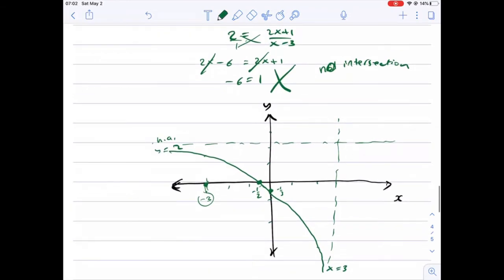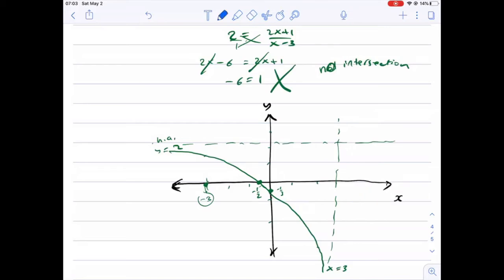We need to determine whether the graph is here or here. So how to determine where? The horizontal asymptote and vertical asymptote divide the xy plane into 4 regions: 1, 2, 3, and 4.